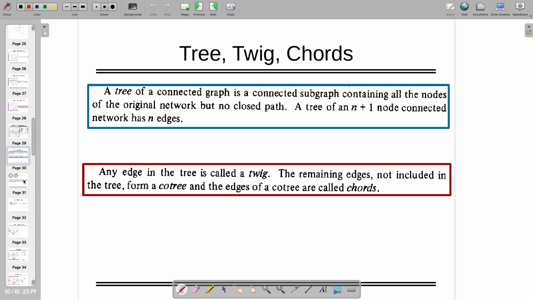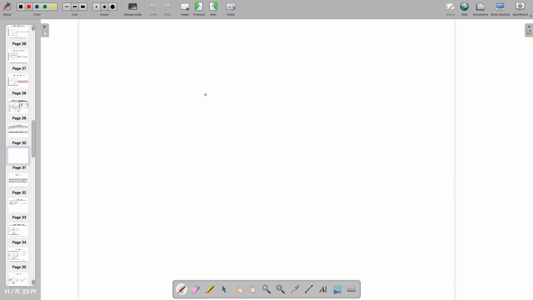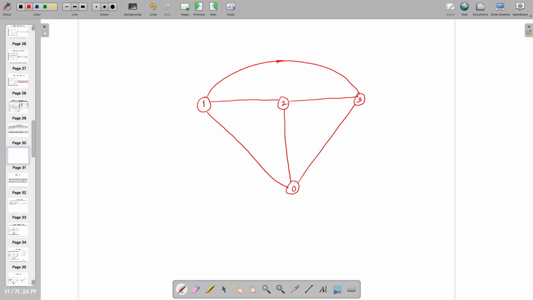We know what a tree is. Do we know? A tree is the one which is part of the graph, but it will not be closed. If you have a graph which looks like this one, there are two rules you need to remember. It will cover all the nodes.